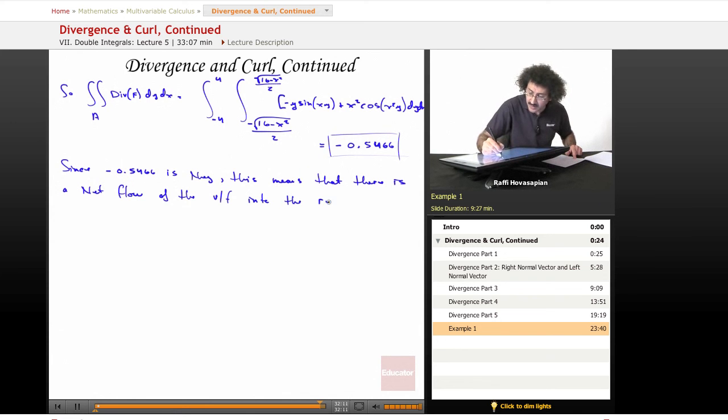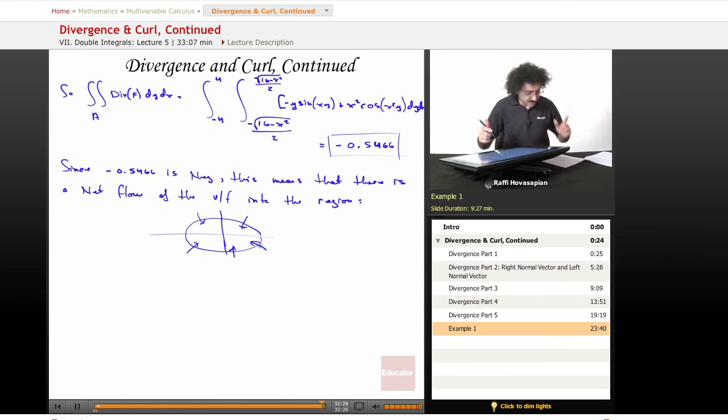Into the region. In other words, the vector field as a whole is contracting.